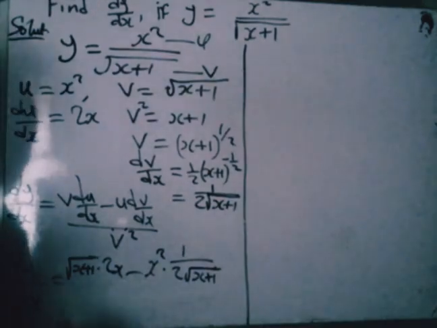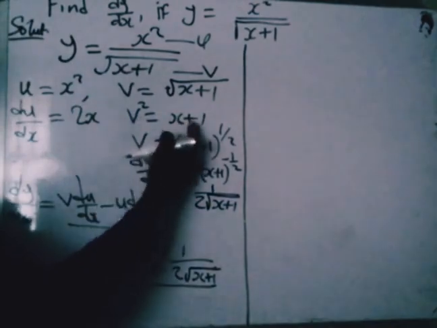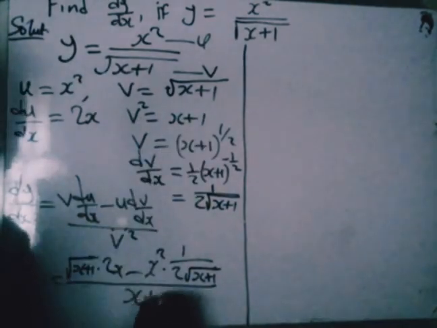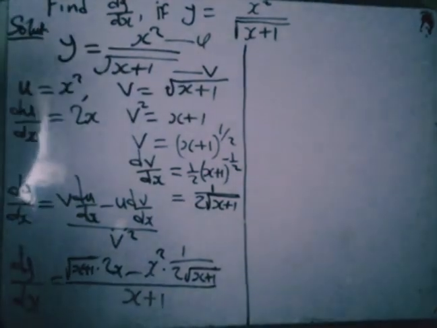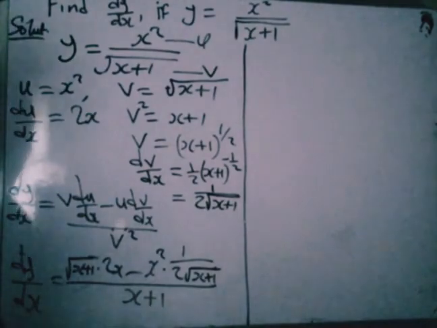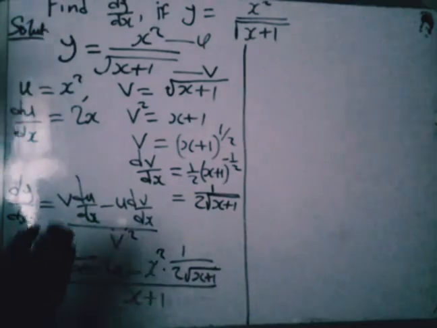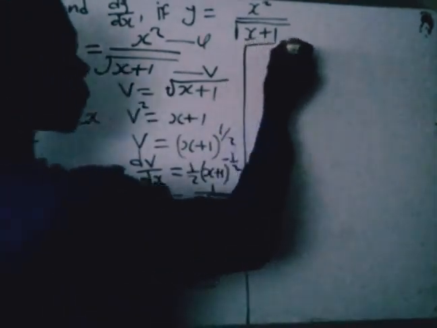Now, divide by v squared, which is x plus 1. Having gotten this, let's see how we'll manipulate this to simplify further.